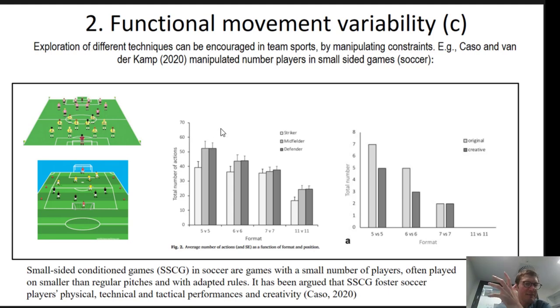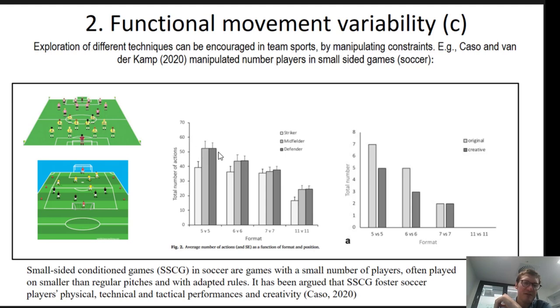And this is something that the researchers were interested in. They were interested to see if, simply by increasing the number of actions that occur, does this correlate with the number of creative behaviors that occur? And what they show is, in 5 versus 5, these small-sided game formats versus 11 versus 11 full-sided game formats, we have a larger number of touches on the ball.